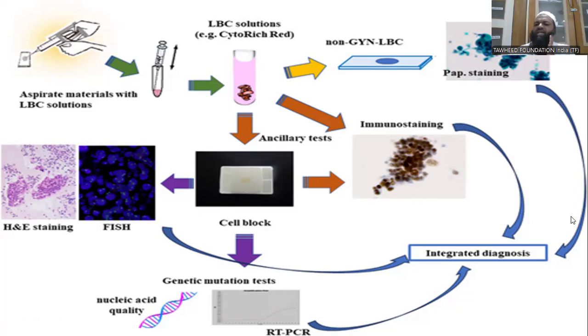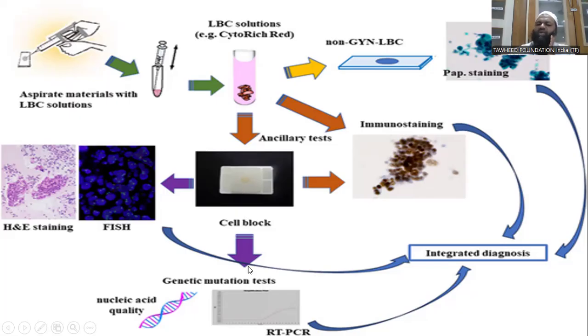Then, integrated diagnosis. Here the same sample is tested again for immunostaining. Once it is tested, the same sample gets an integrated diagnosis. Again the sample is sent for block preparation and a cell block is prepared.